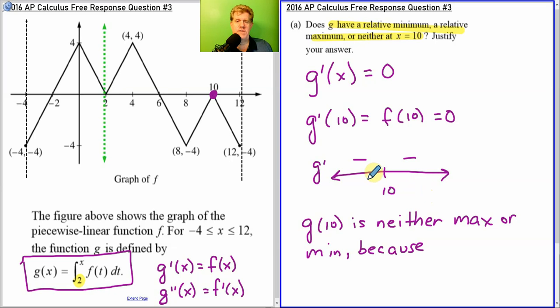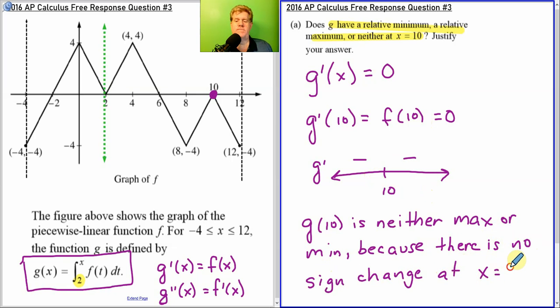In order for this to be a max or a min, there has to be a sign change, either going down and up or going up and down. Well, guess what? There's no sign change. So you can say it that way. Because there is no sign change at 10.